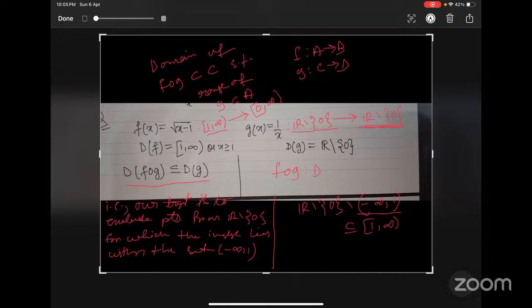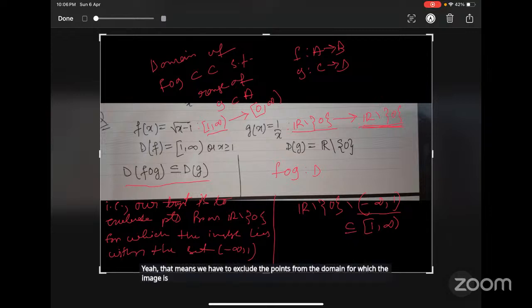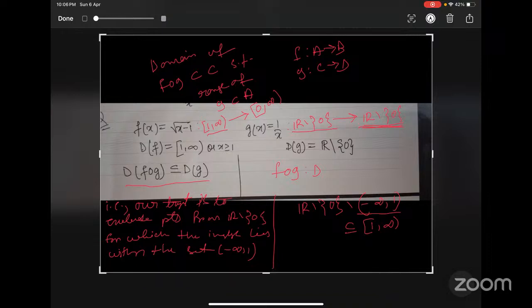What is our g? 1 by x, right? For which x will 1 by x be inside minus infinity to 1? We have to exclude the points from the domain for which the image is inside minus infinity to 1. Is it clear? These are the images of the points which we have to remove.